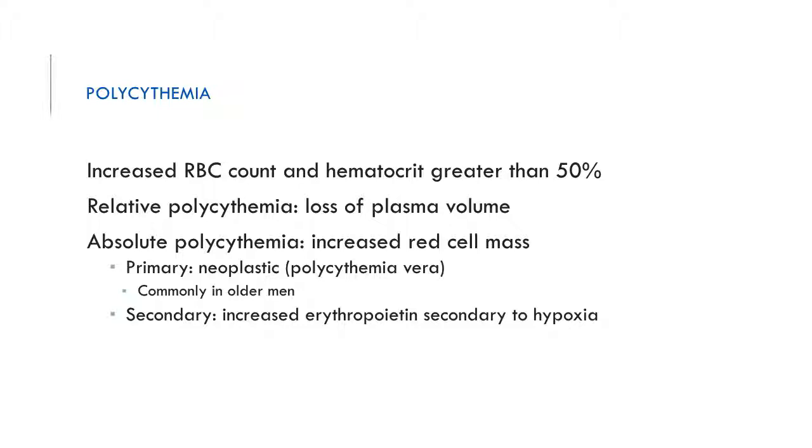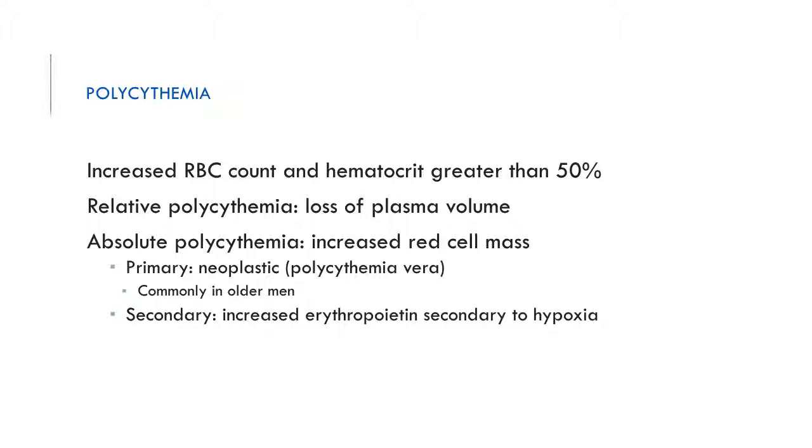Relative polycythemia is the result of loss of plasma volume, which basically means that we don't have the liquid in the blood, and so it makes it appear that we have polycythemia. But in actuality, if we had a better plasma volume, then it wouldn't appear to have polycythemia at all.